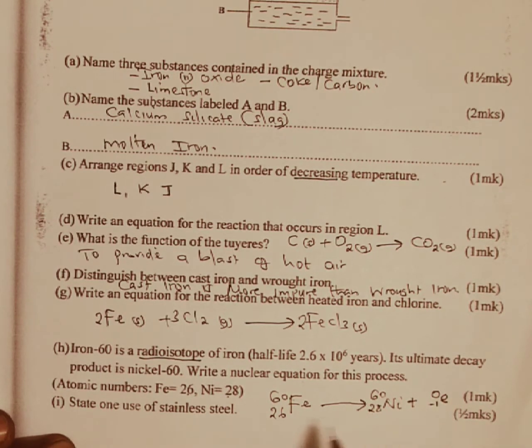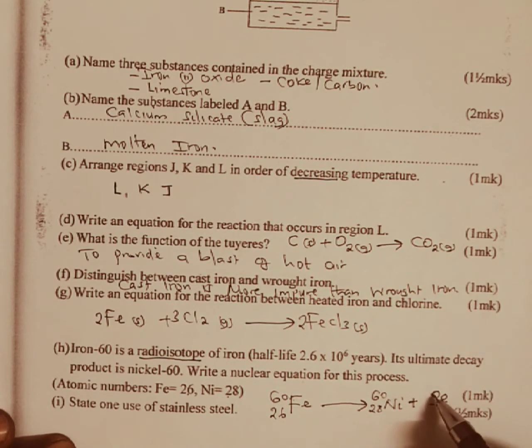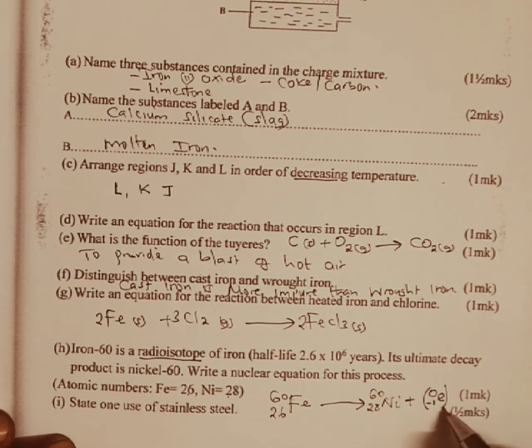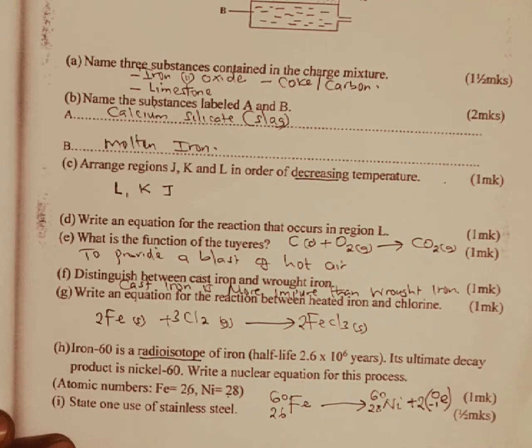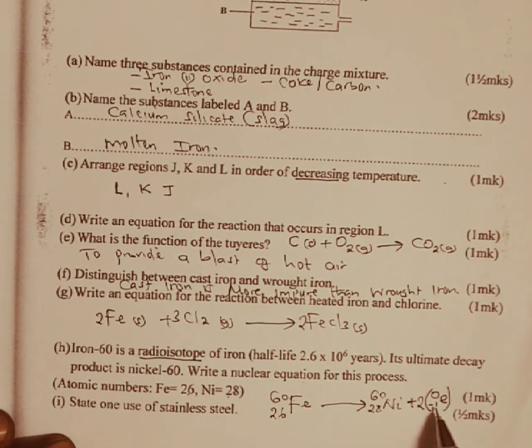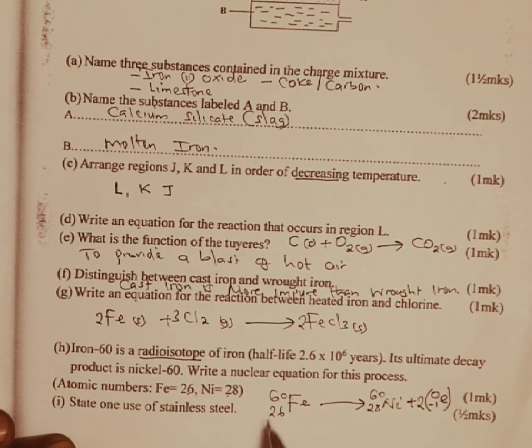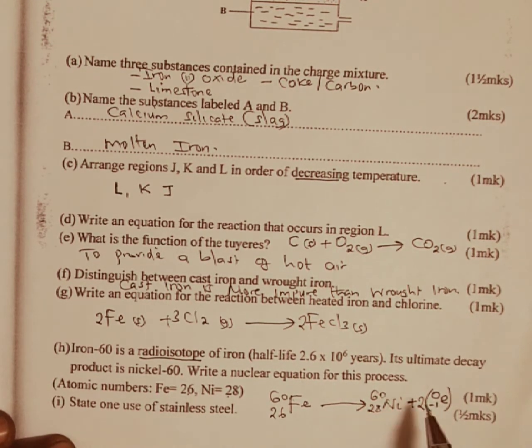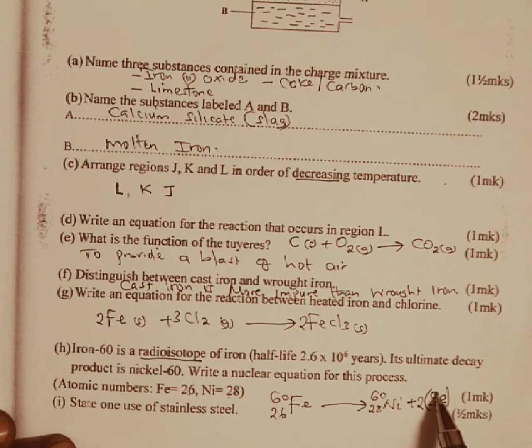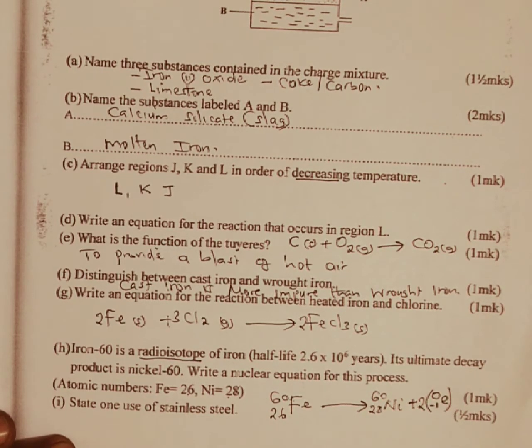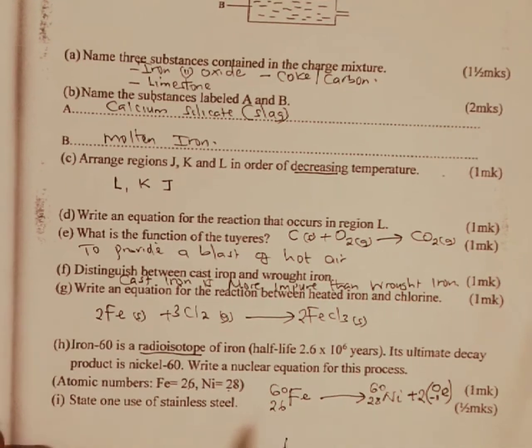But remember, from 26 to 28, it means it has increased by 2, and therefore we are going to multiply this by 2, such that 2 times -1, you get -2, plus 28, you come back to 26. Then of course 2 times 0 gives us 0 plus 60, because the equation must be balanced.